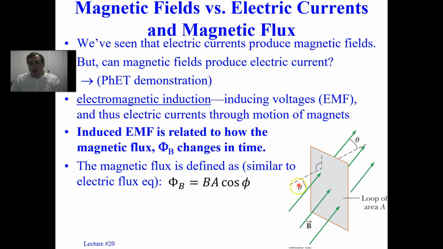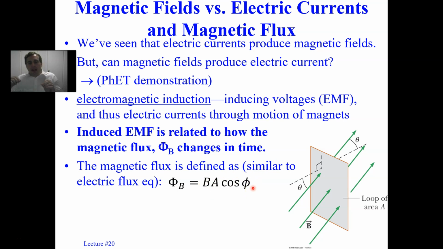Now this diagram shows theta for the angle, but I'm going to call it phi because phi is going to be between 0 and 180 degrees, and it's going to be the smallest angle between the magnetic field and the area vector. So, magnetic flux, think of flux as how much flux is through.